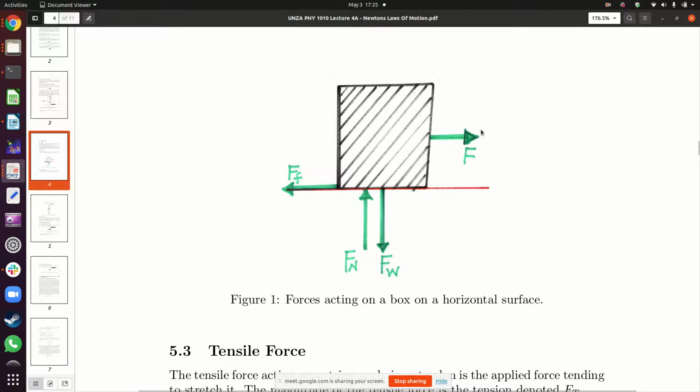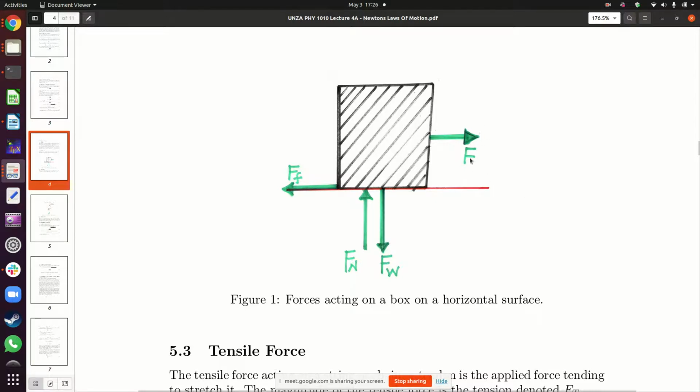But since you're pulling, the box is more likely to move to the right. So we choose this right-hand side to be the positive direction. If we choose that to be positive, then the left-hand side is going to be negative. If the box was being pulled to the left, then we would choose that to be positive, and the opposite direction would be negative. So my advice is choose the direction in which the box is moving to be positive.